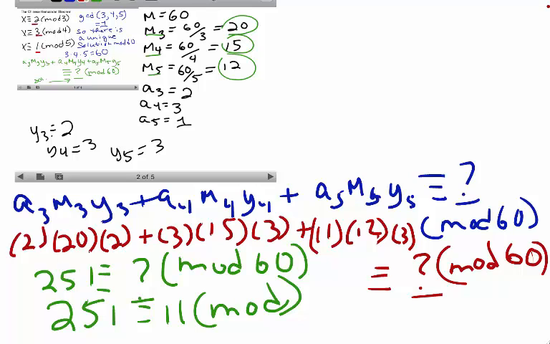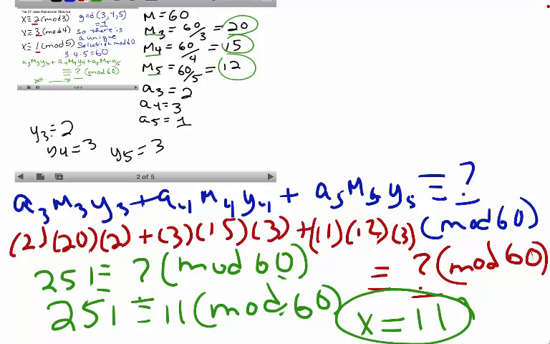This concludes our example. The solution we have found is x equals 11. This value of x will satisfy each of our congruences. Anyway, this concludes our example, and we'll see you next time.